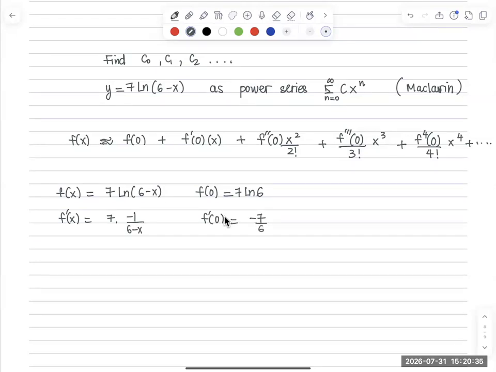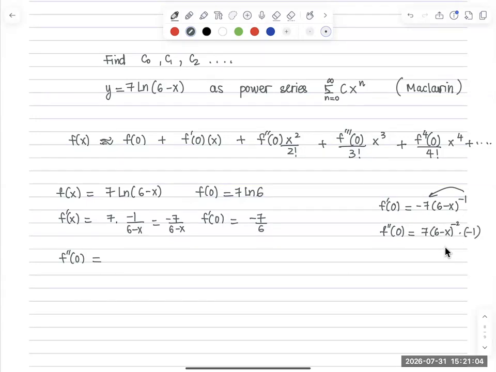Okay, and then f double prime. This is negative 7 over 6 minus x. If you want to find f double prime of that, we have negative 7 times 6 minus x to the power negative 1. Apply the power rule and then the chain rule, we will have positive 7 times 6 minus x to the power negative 2, but of course times negative 1 because of the negative inside here.